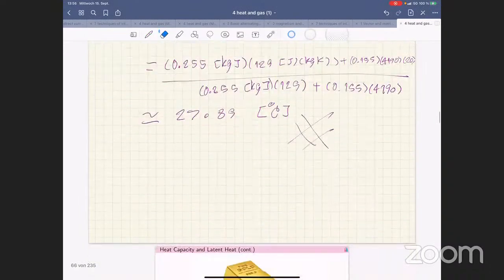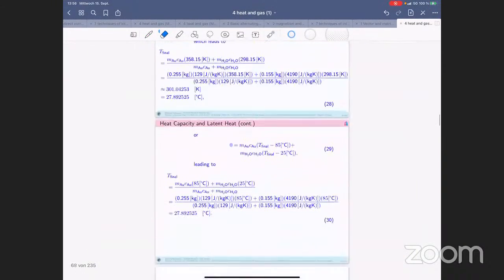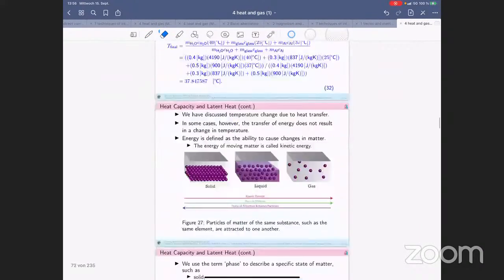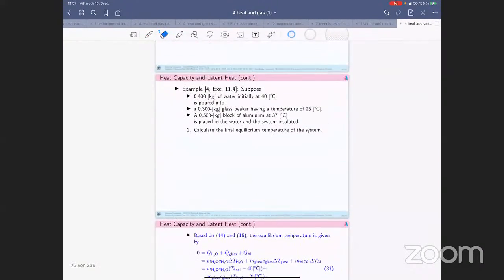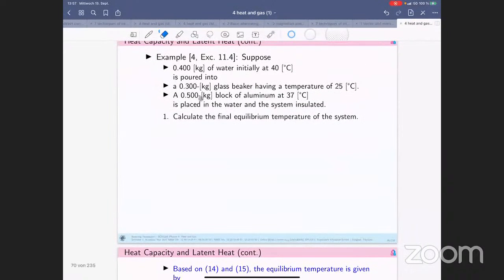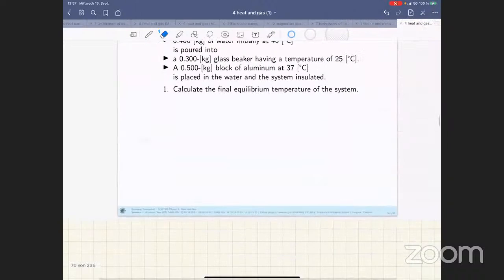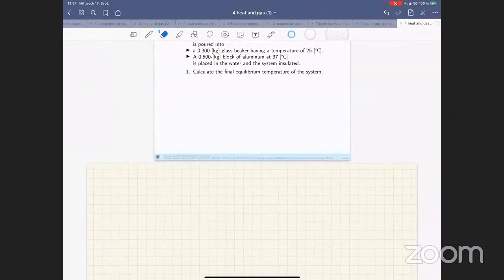All right. We reached the final problem, right? There are three things in this problem: water, glass, and a block of aluminum.